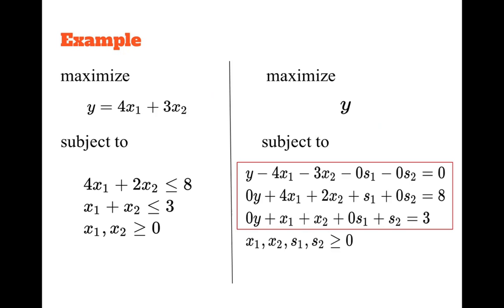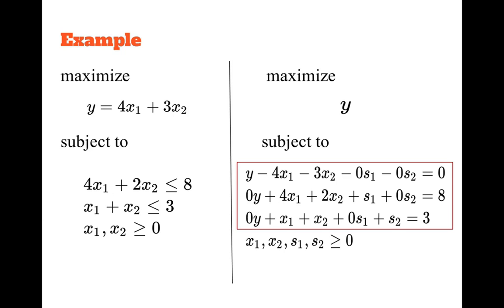Now we try to apply the simplex method to solve the earlier example. We aim to maximize the function y, which is equal to 4x1 plus 3x2, where x1 and x2 satisfy the constraints 4x1 plus 2x2 less than or equal to 8, x1 plus x2 less than or equal to 3, x1 and x2 are non-negative.